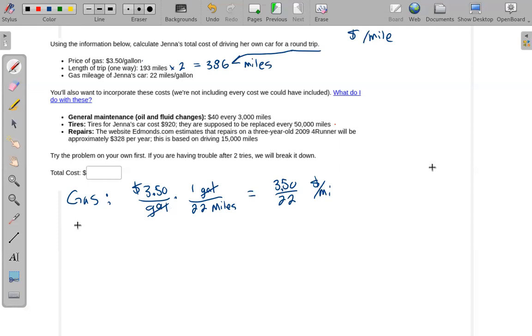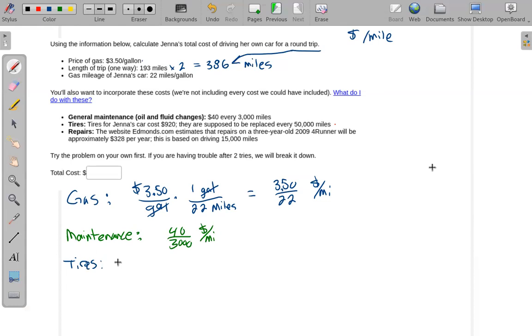Next, maintenance. So for maintenance, that's pretty straightforward. It just says $40 every 3,000 miles. So that one is just 40 over 3,000, and that's dollars per mile. Next, we have tires.